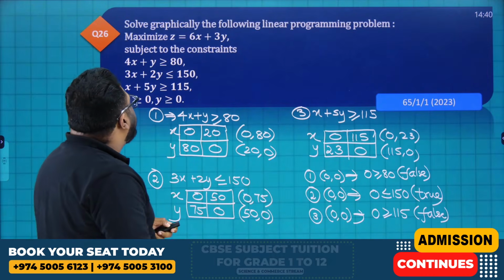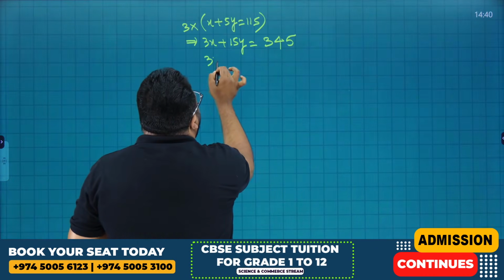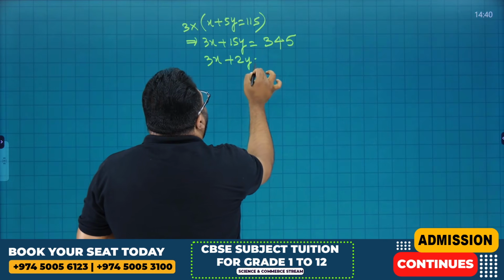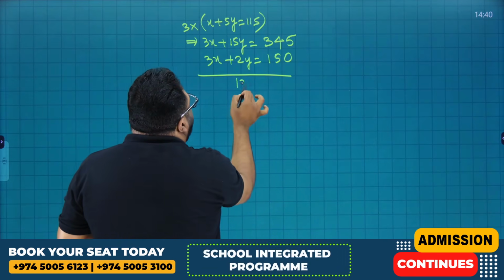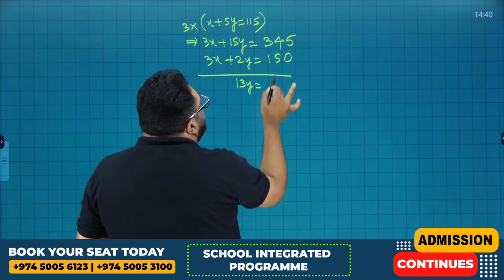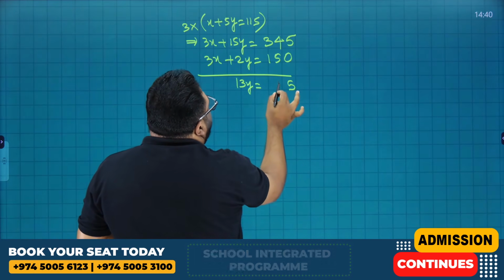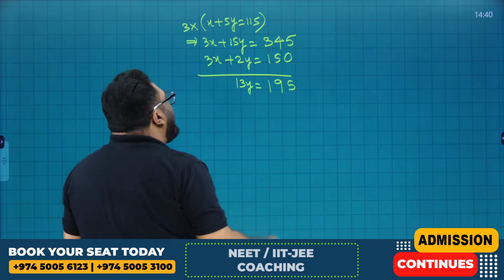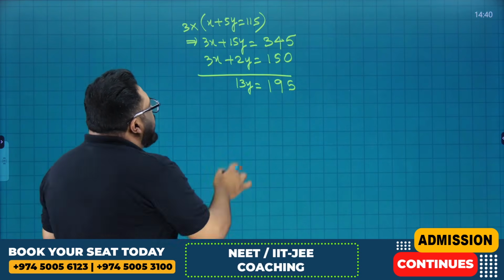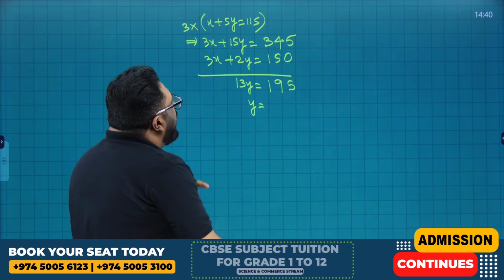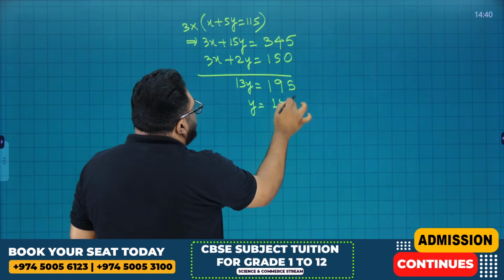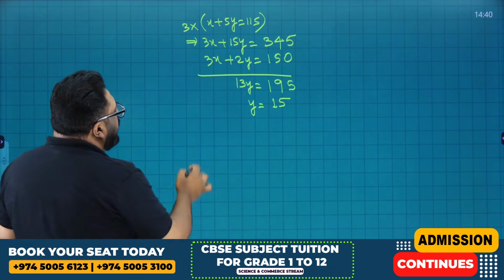Equation 2 is 3x plus 2y equals 150. If you subtract it, you will get 13y is equal to 195. So y is equal to 15.